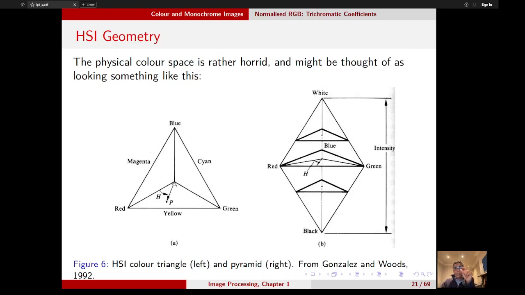And when that point P is on the center of this triangle, we are actually lying somewhere along the R equals G equals B line of RGB color space.